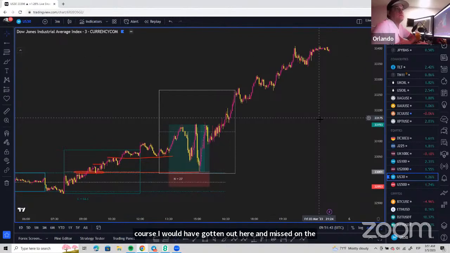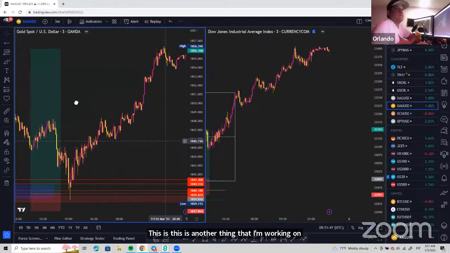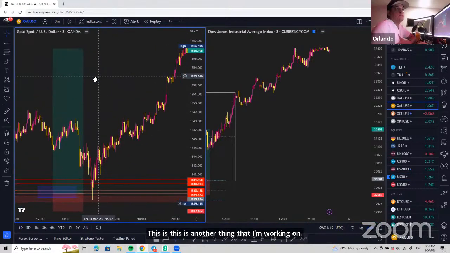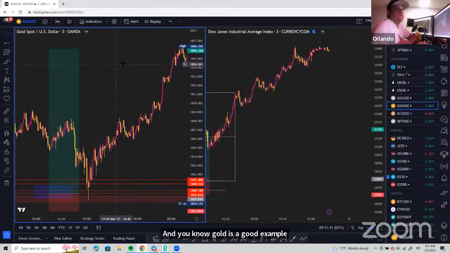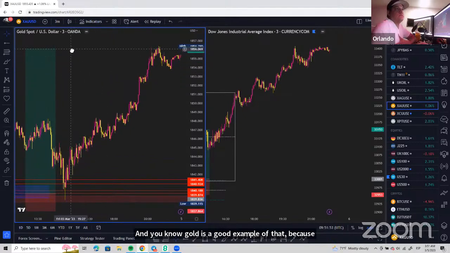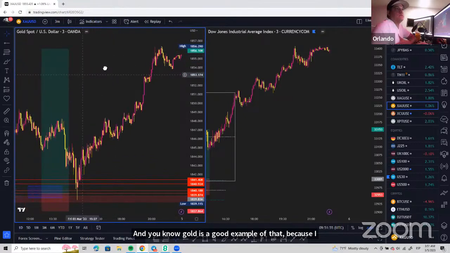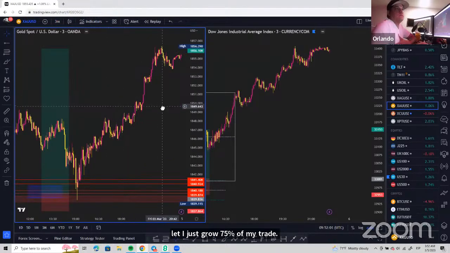This is another thing that I'm working on, and gold is a good example of that, because I just closed 75% of my trade around here for 1.5% profit, and I'm letting the rest of it ride.